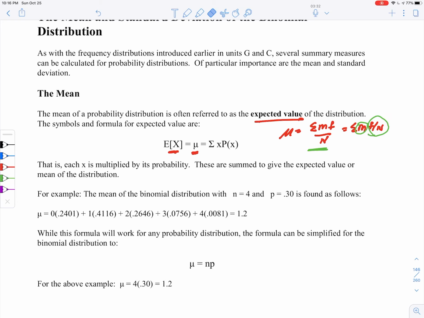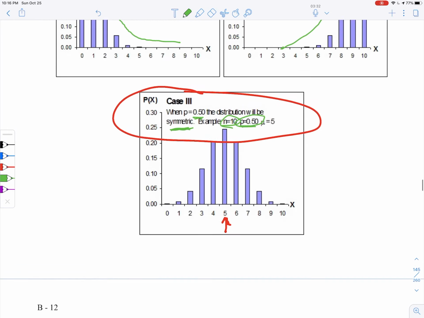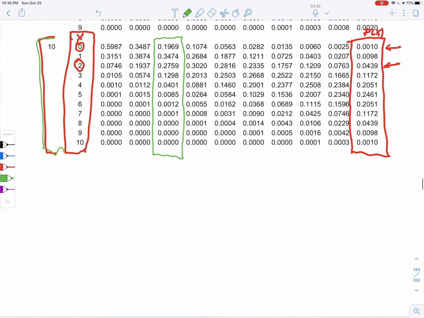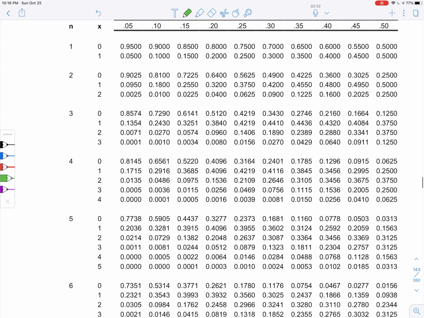Let me give you an example down here. Let's say we're looking at this one where n is equal to 4 and p is equal to 0.3. Let's go back here to our table. So n is equal to 4, so that would be right in here, and then p is equal to 0.3.